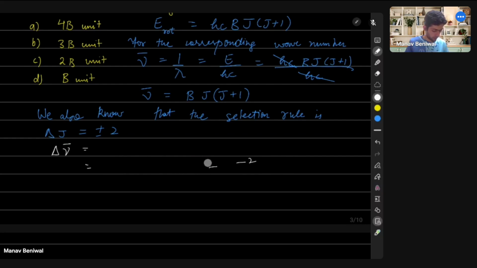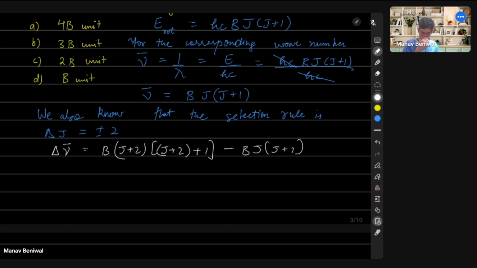Okay, I made a mistake. Let's do it again. So it will be B times (J plus 2)(J plus 2 plus 1) minus B times J(J plus 1).